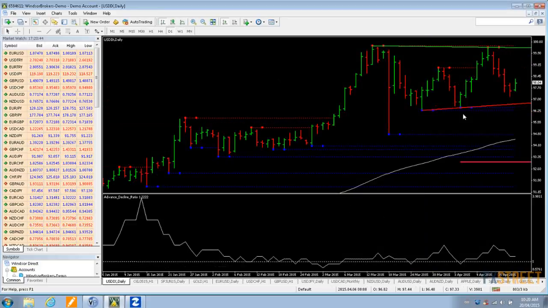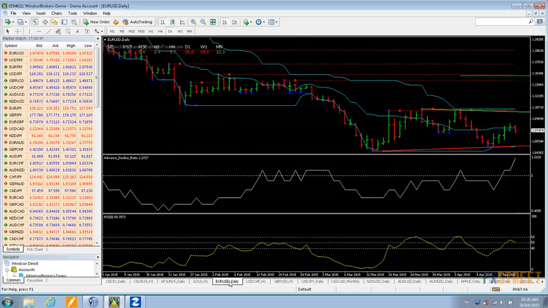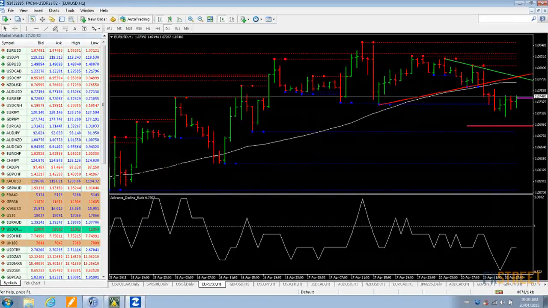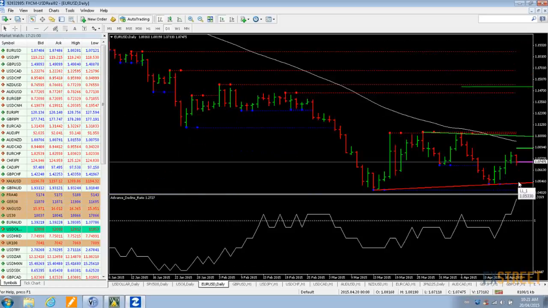So when we look at Euro-US, we want to look at this pair a little closer and understand what's actually going on with this pair right now. Is it really bullish or is it really bearish? Well, that's what we have to look at. When we bring it to our D1 time frame, this looks exactly the same as the dollar index. It mirrors it.